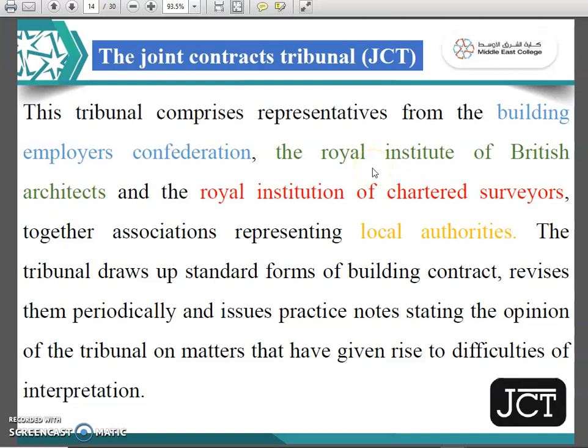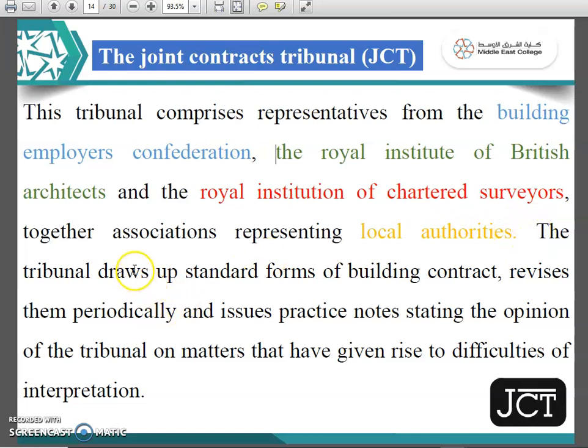So what is JCT here? The tribunal comprises representatives from the Building Employers Confederation, the Royal Institute of British Architects, and the Royal Institution of Chartered Surveyors, together with associations representing local authorities. What does this tribunal do?